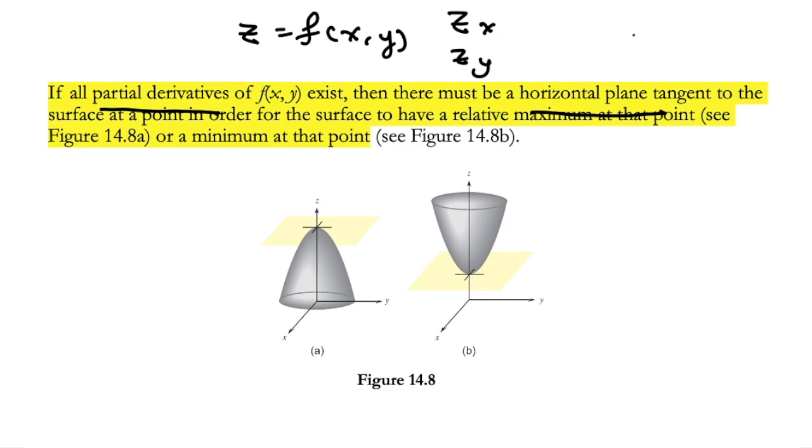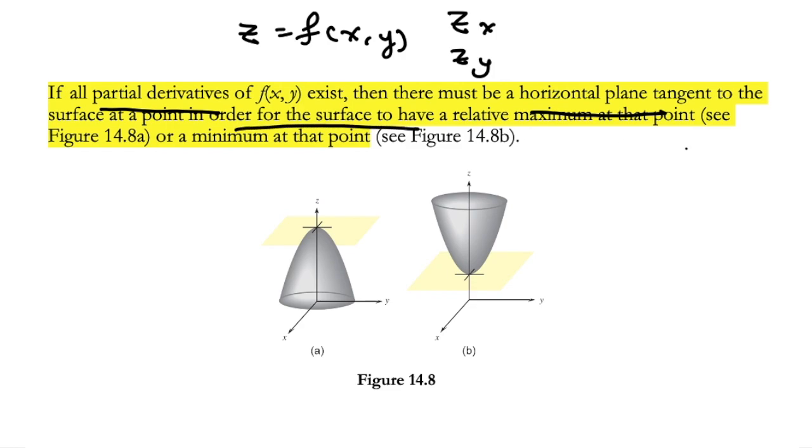So instead of one tangent line, it becomes a plane, and that plane is a horizontal plane tangent to the maximum point or to the minimum point.